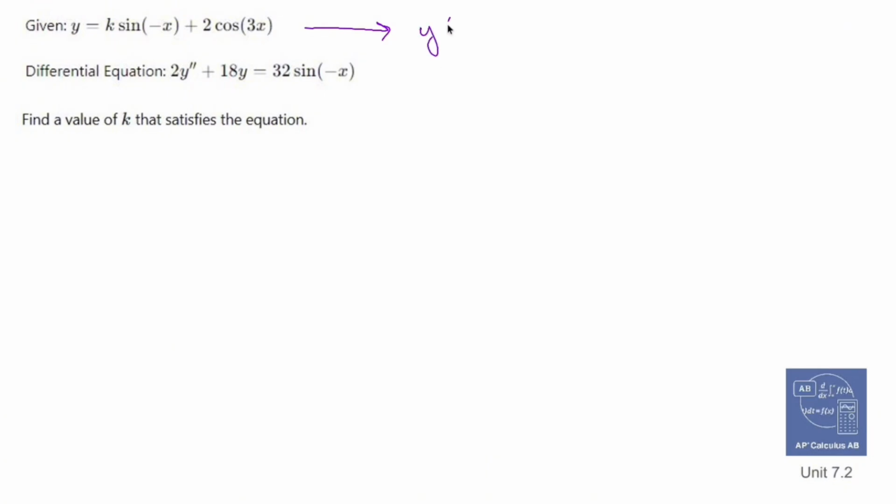So y single prime is going to be k cosine, take the derivative of the inside, throw it out front, make it negative, keep the inside the way it is. Great. Plus 2, the derivative of cosine is negative sine, so negative sine.